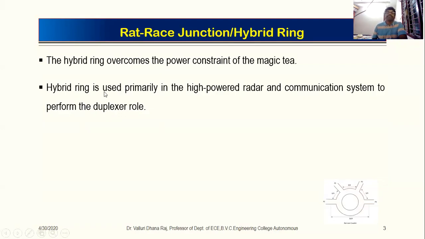All of you might know about a duplexer. Usually it is nothing but a switching device. Its role is simply to switch the antenna, which is common between the transmitter and receiver in a monostatic radar. Why are we using a single antenna? To avoid complexity.